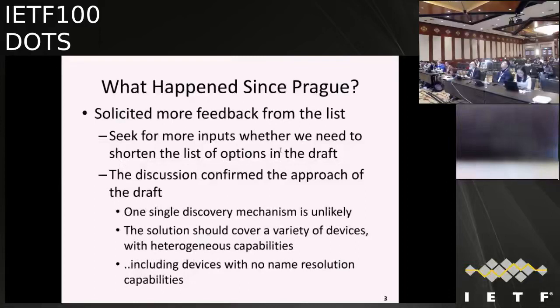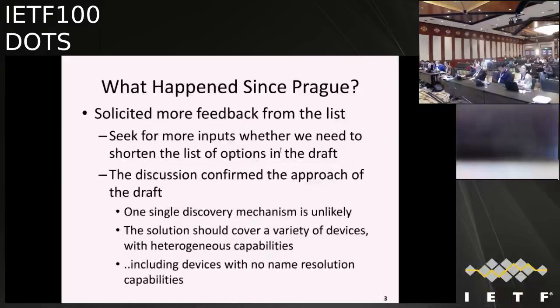But the discussions confirmed the current approach in the draft, that one single discovery mechanism is unlikely because of the heterogeneous aspect of the various Dutch clients that may be solicited. People are even asking for more solutions to be added to the list. For instance, there was the discussion about adding a discovery solution using the route advertisement, which is something which is broken.